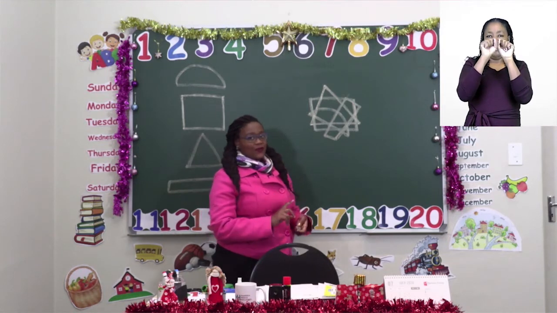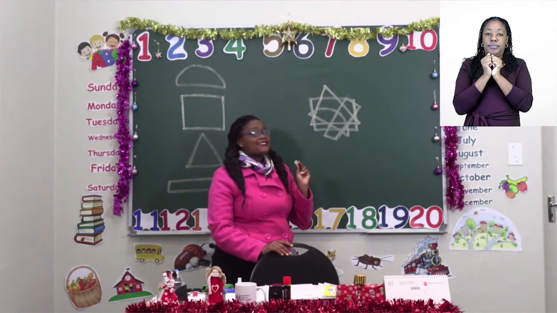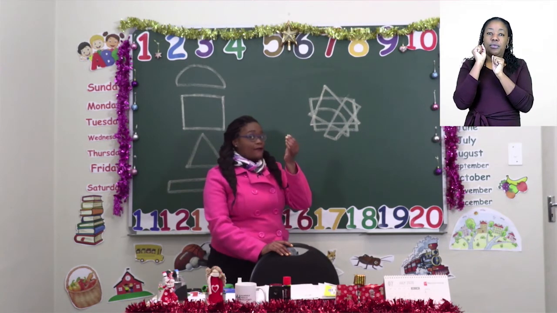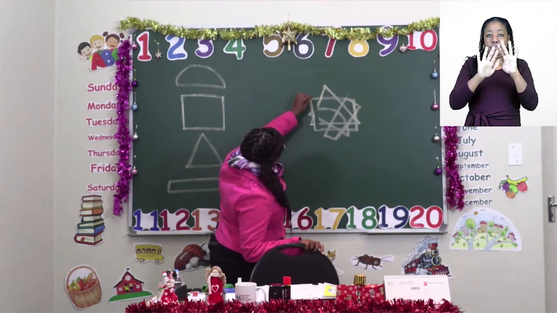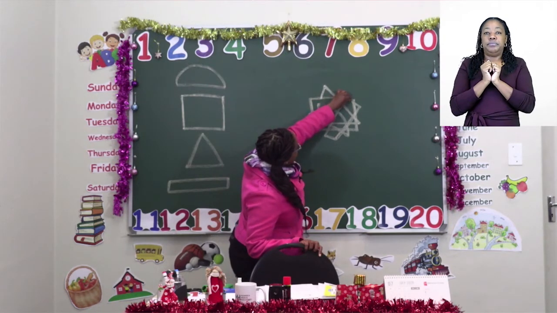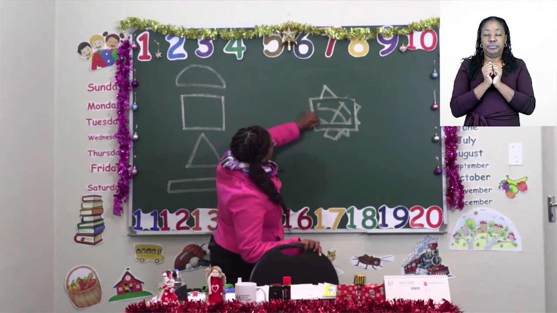Yes, I think we found it. And remember, it said once you have found the shape, you must color it in. So I have my color here, and we're going to color in the shape. I'm doing it very lightly so you can see that we have colored in our shape.